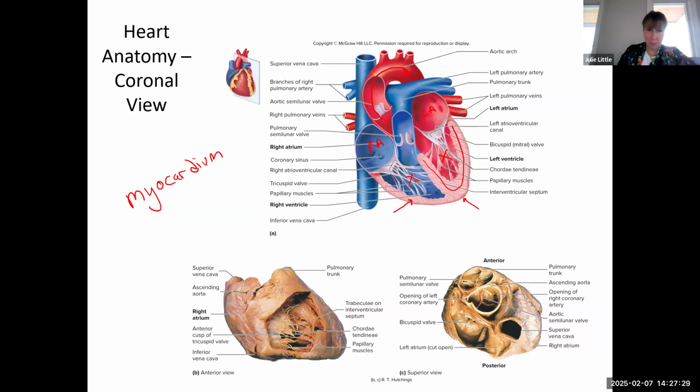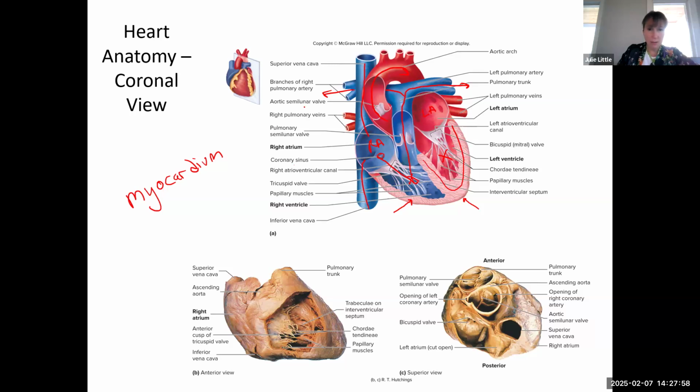Okay, so I'm going to mark this up and then clean it up, and we're going to keep doing this. Blood goes in from the superior vena cava and the inferior vena cava, and here is the hole where blood comes in from the coronary sinus into this right atrium. Then blood goes down to the right ventricle, and then out the pulmonary trunk, and it's either going to go to the left pulmonary arteries to the left lung, or to the right pulmonary arteries to the right lung.